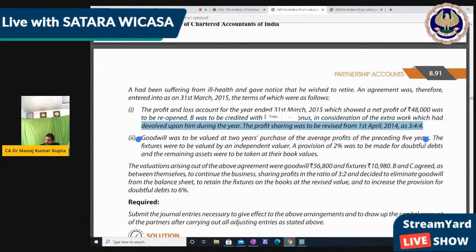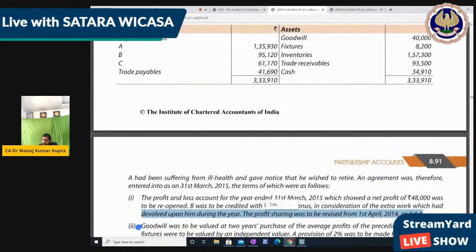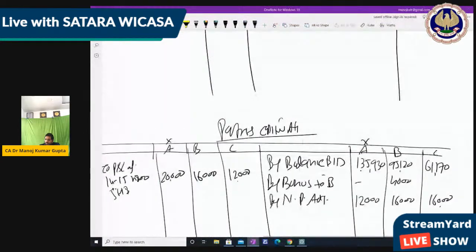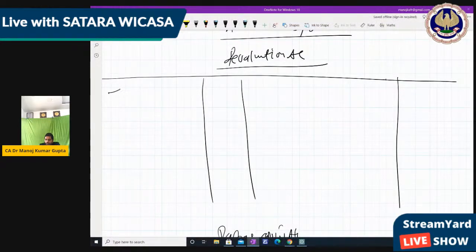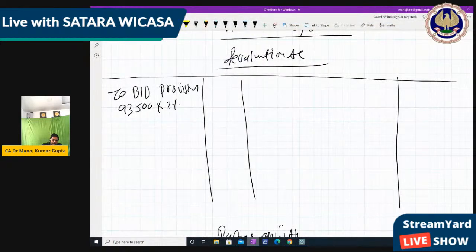So for doubtful debts we can take 2%. How much are the debtors? Trade receivable 93,500. So provision for bad debts: 93,500, 2% on it, right? 93,500 into 2%, 1,870.